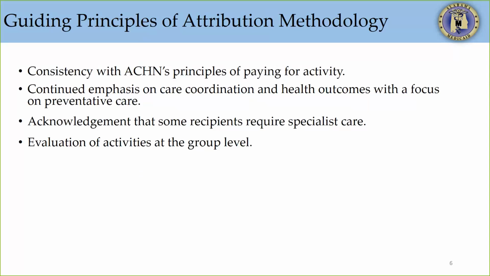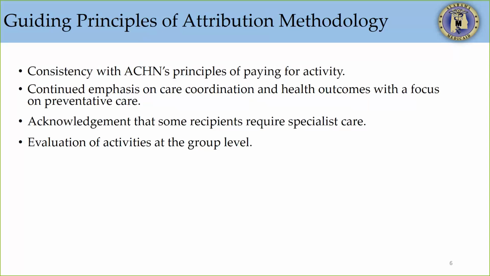Before we get to some of the details, we wanted to provide an overview of some of the guiding principles behind our methodology. First and foremost, these principles are consistent with ACHN's principles of paying for activity, not only paying on activity, but continued emphasis on care coordination and a focus on health outcomes.